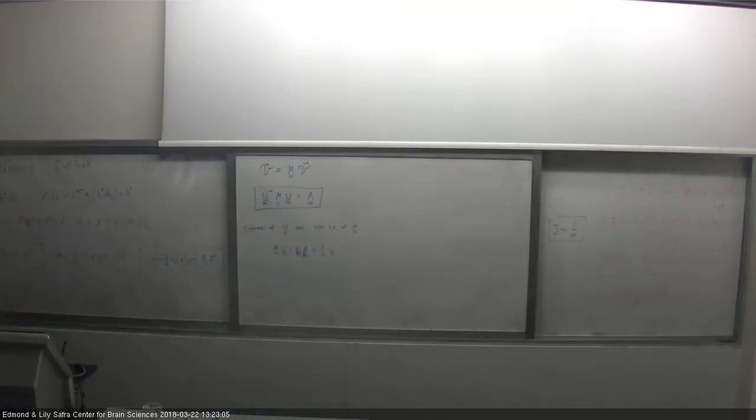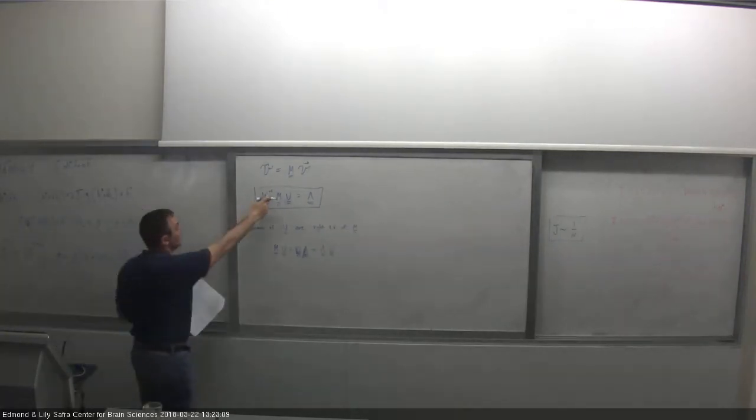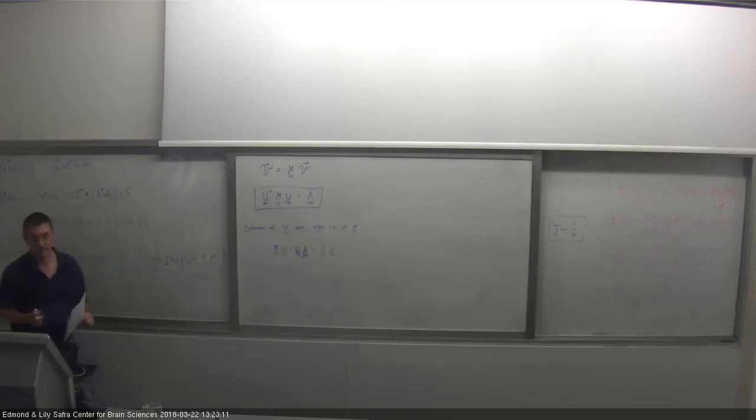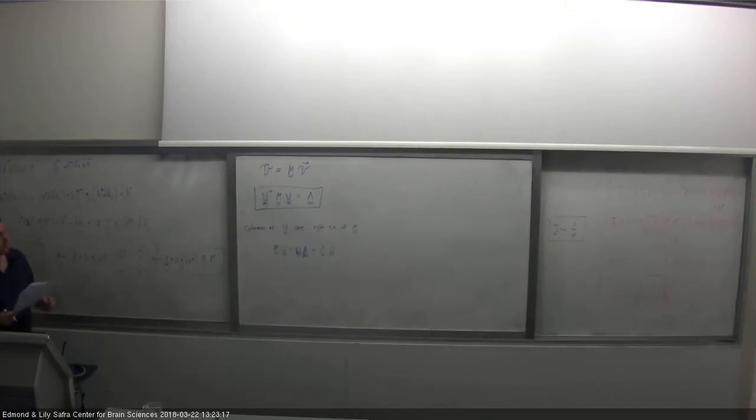What can we say about U to the minus 1? How is U to the minus 1 related to the eigenvectors of M?